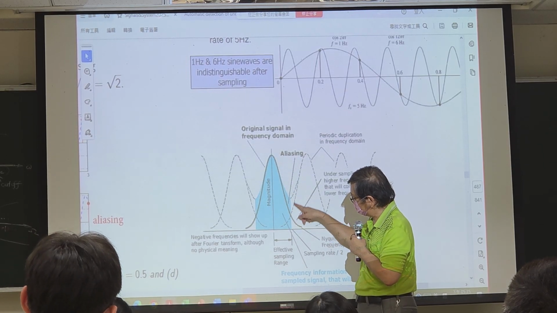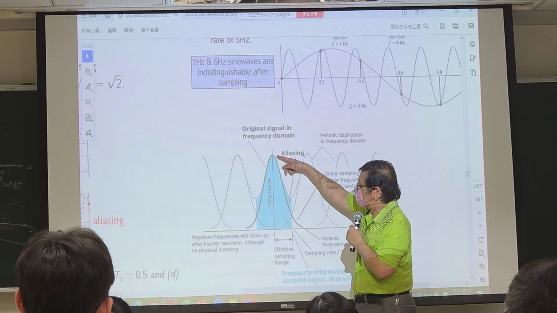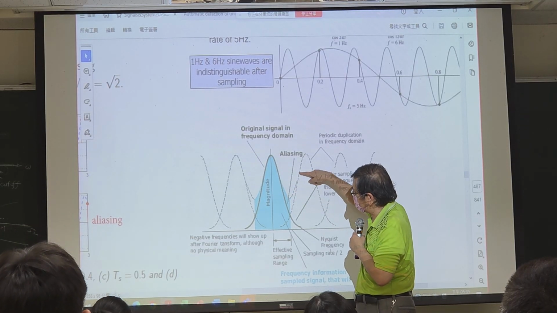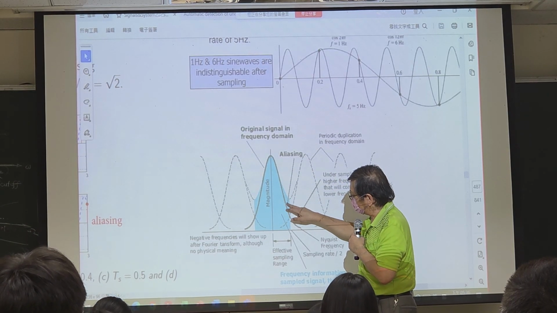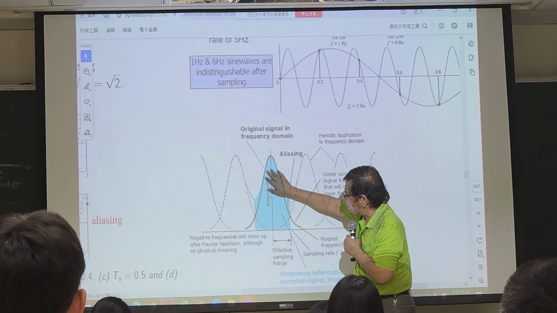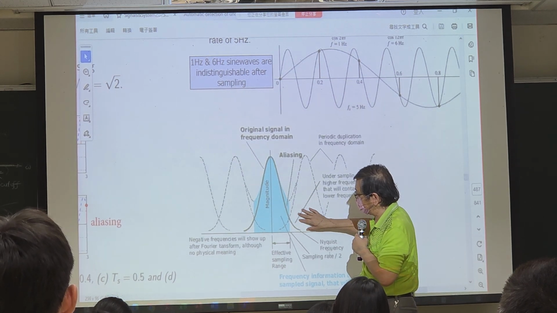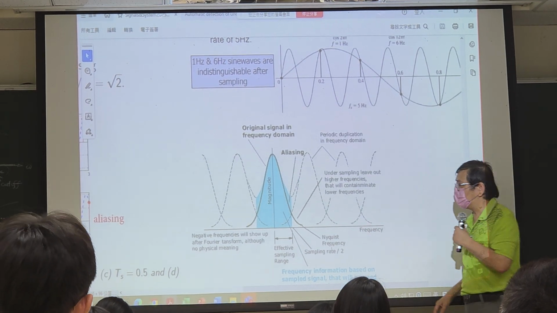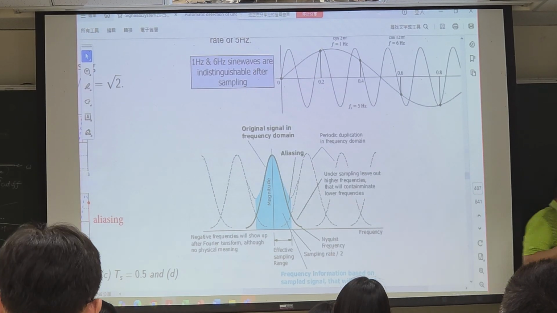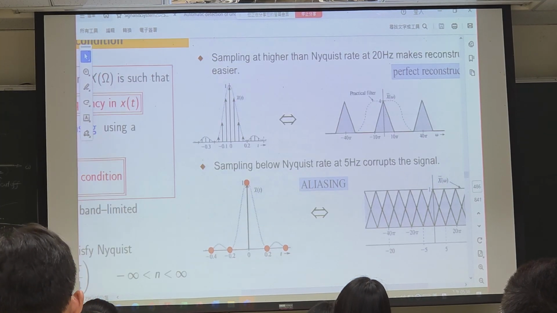You can see these two have an overlap over here. So the resulting frequency response will be this one, and you won't be able to tell the difference. This is due to the contribution from the original one and the contribution from this second response due to the sampling. That's called aliasing. Alright, let's go back to the video one more time.